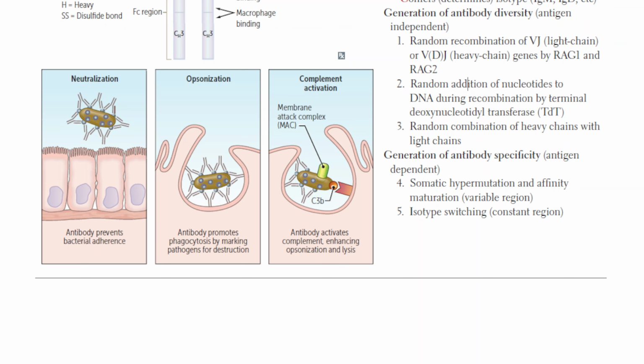There are somatic hypermutations and affinity maturation in the variable region, and then isotype switching in the constant region. Remember, constant region, isotype switching. Variable region, somatic hypermutation and affinity maturation.